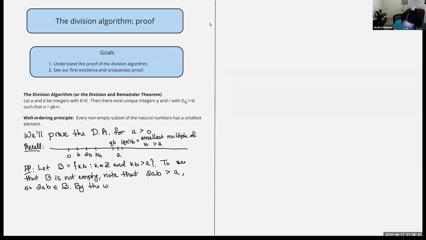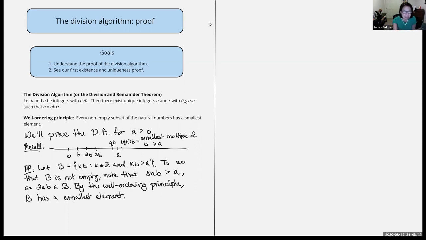So it's not empty. So I can apply the well-ordering principle and say that B has a smallest element. Okay, and I want to give a name to that smallest element, and I'm going to be really clever.